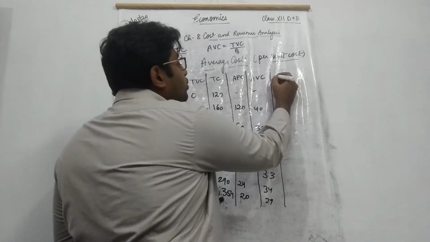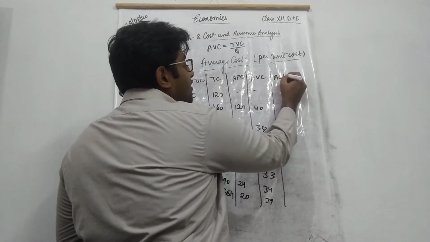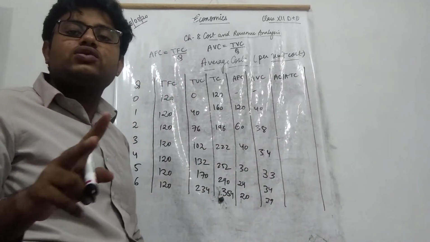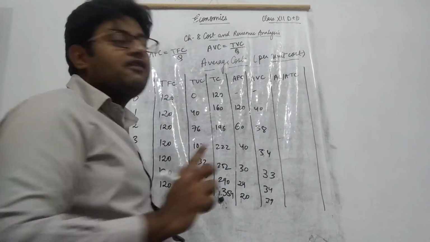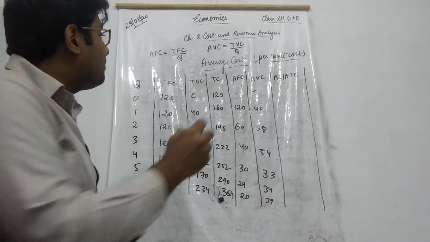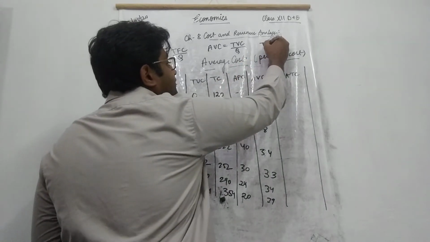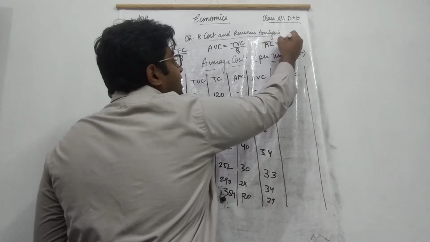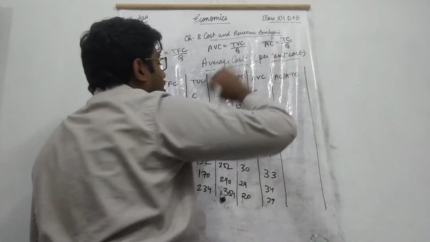Now coming on to average cost or average total cost. Look, there are two ways to calculate average cost or average total cost. The first way is that you can simply divide your total cost by the output.